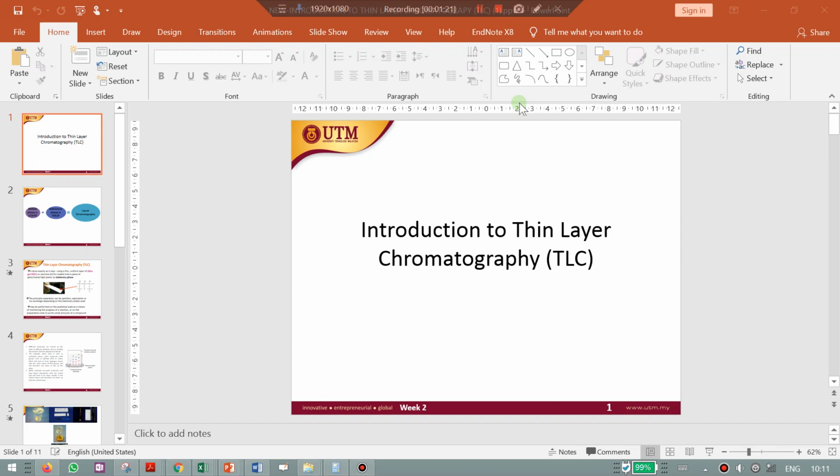For example, if they want to analyze a drug, they will apply a screening technique. One of the screening techniques they can use is thin layer chromatography, and after they have screened the drug, they will proceed to the confirmatory technique using modern chromatography techniques such as HPLC, such as gas chromatography, right?